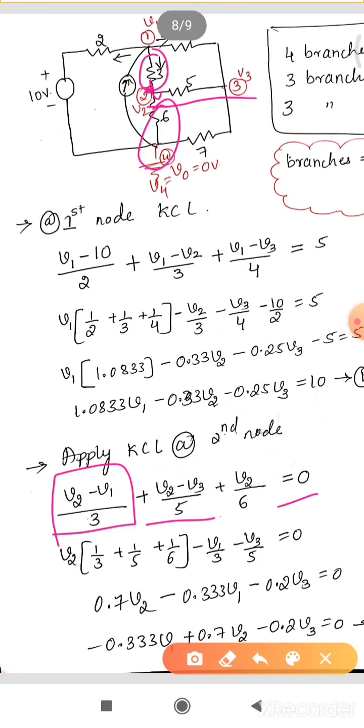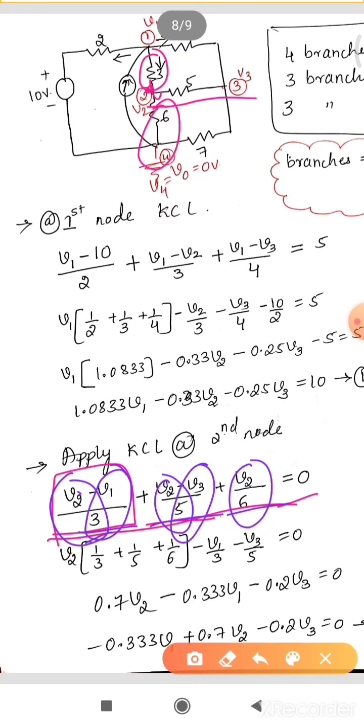So here in this case what you can do is, V0 is 0, so you can take V2 by 3, V2 by 5, V2 by 6 aside. If you take V2 outside, 1 by 3 remains, and then 1 by 5 and 1 by 6. So simplify this, you get one more term, that is minus V1 by 3, and one more term, that is minus V3 by 5 equal to 0.